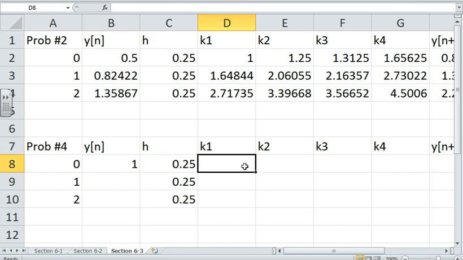And looking at the K1 thing, K1's going to be x, which is A8, times C8, and then minus y, and y is going to be B8.